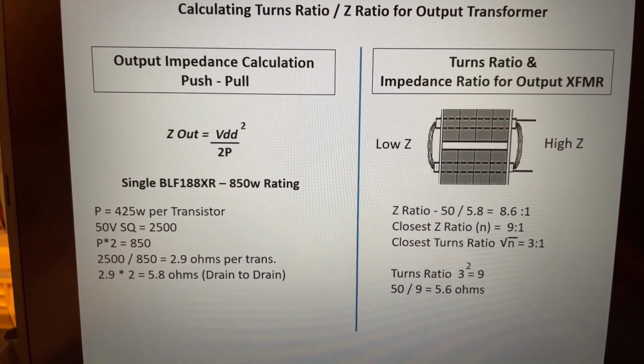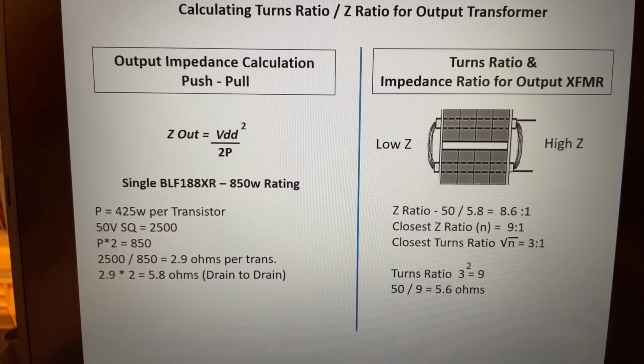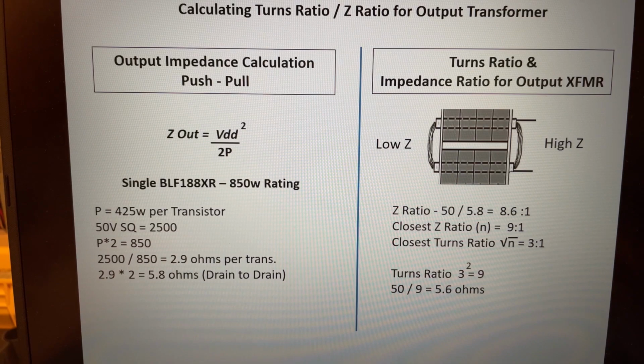So we're looking at a 3 to 1, or 3 turns. Now, you're very limited with this type of transformer technology. Typically, for LDMOS amplifiers, we either use 3 turns or 4 turns. So 3 squared is 9 to 1, and 4 squared is 16 to 1. So you're limited in how many different ratios you have.